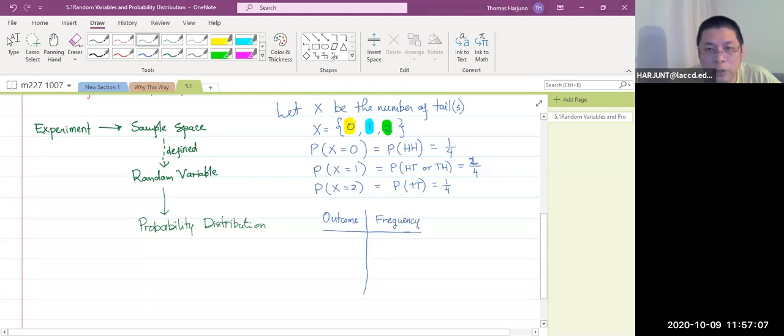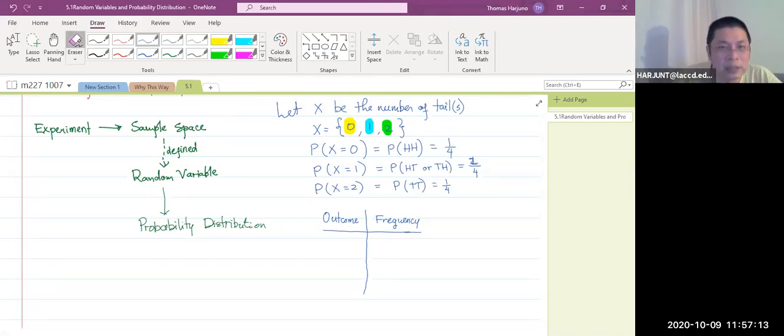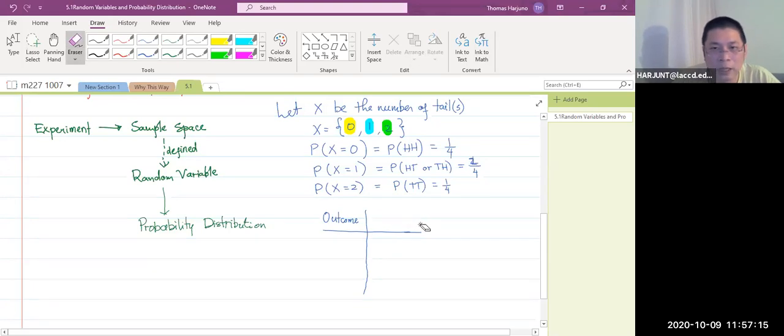Now, what is probability distribution? Probability distribution is the same table, except that the second column, instead of frequency, you call it probability.